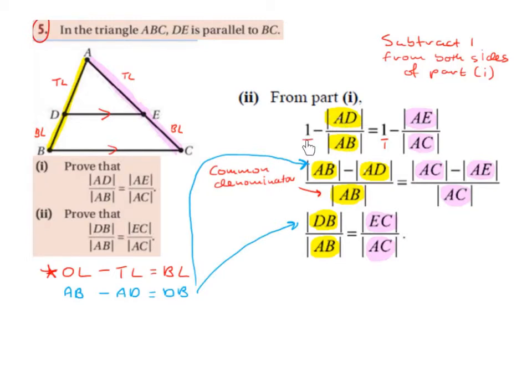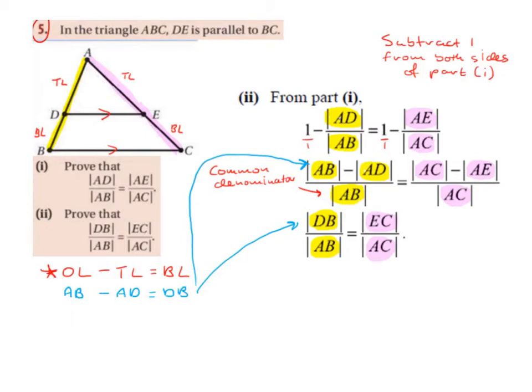My common denominator is AB. 1 into AB leaves AB, and AB multiplied by 1 is AB. Then AB into AB goes once, and 1 multiplied by AD is AD. So we get AB minus AD over AB.